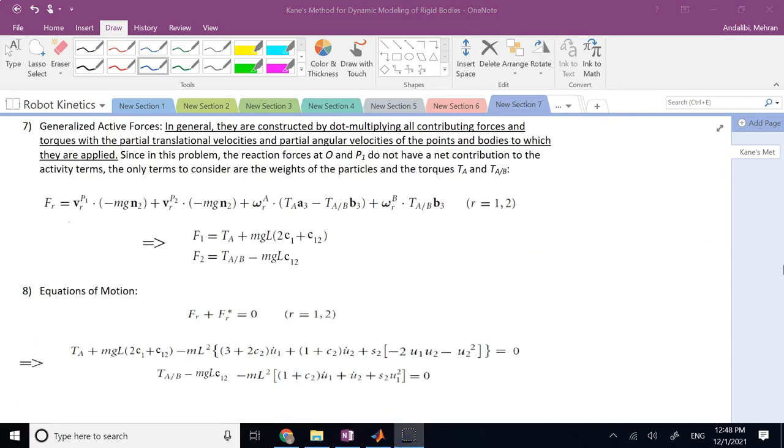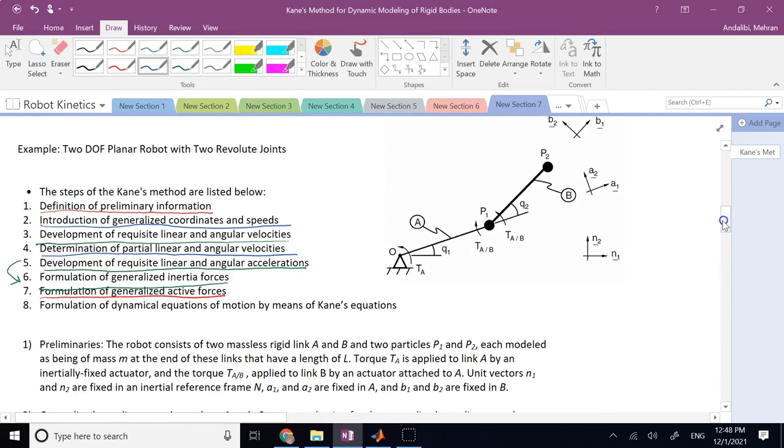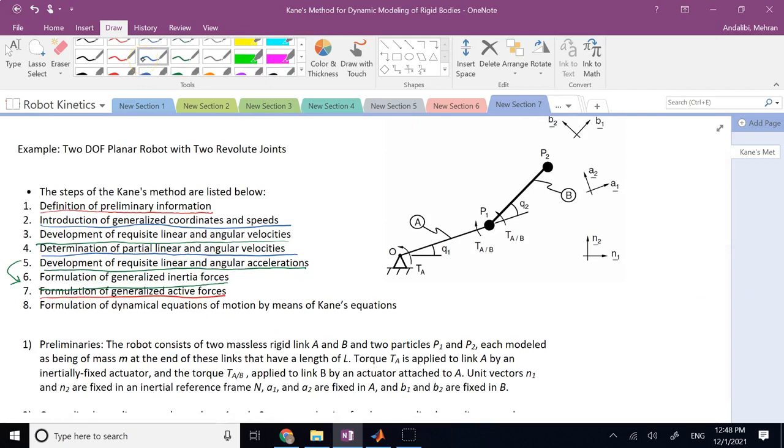Okay, so now we have to calculate the generalized active forces and the equations of motion. So for generalized active forces, what we need to do is to dot multiply any active force or torque by the velocities of the points or the bodies to which they are applied and add them together. So if you remember, we look at the free body diagram of the robot here. We had TA and TAB, right?